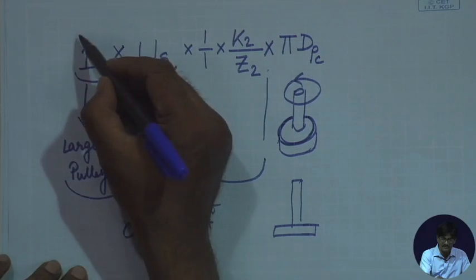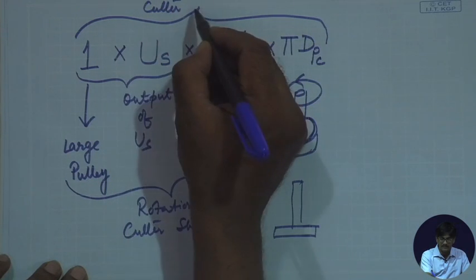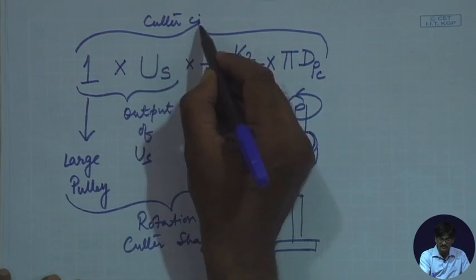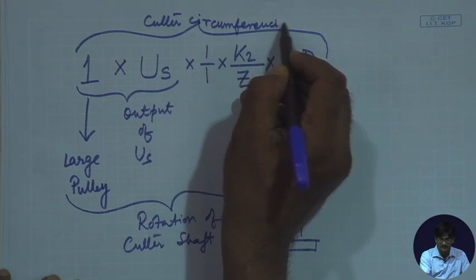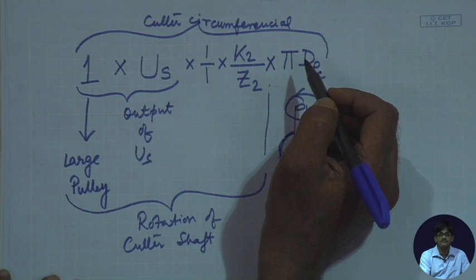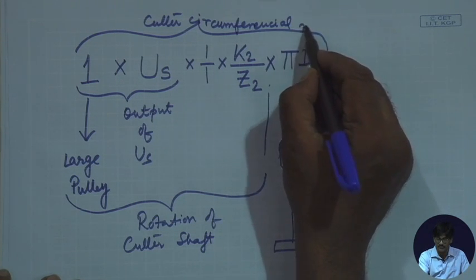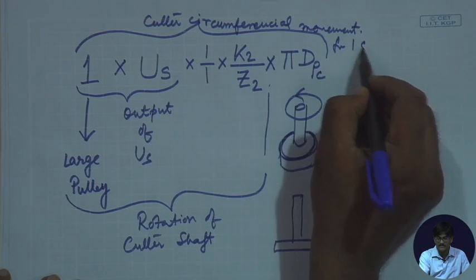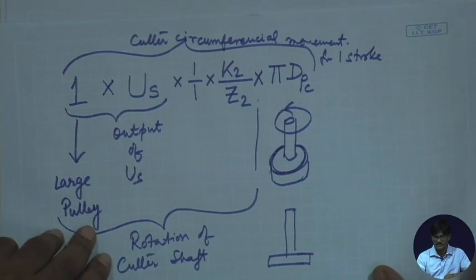So, we write that this finally equal to cutter circumferential movement for one stroke. Okay. So, let us now just sum it up and find out how much it is.